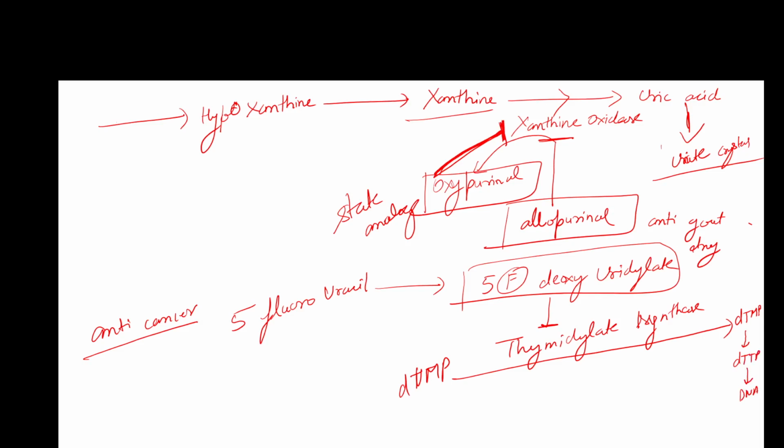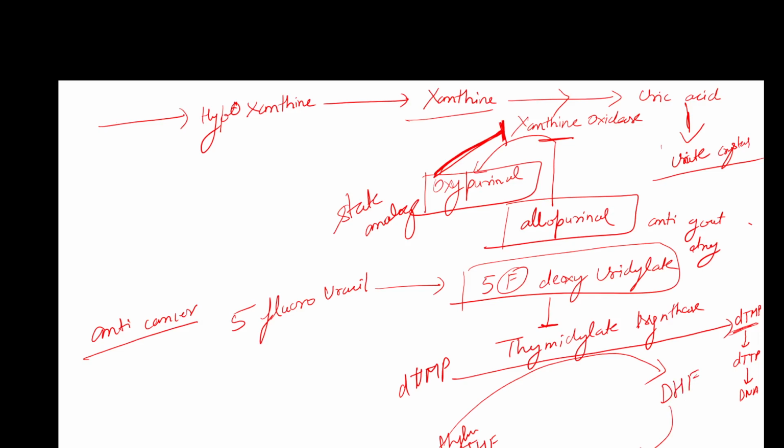So this thymidylate synthase is a folate dependent enzyme which utilizes methylene tetrahydrofolate, forms the methylation and converts dUMP to deoxythymidine monophosphate, and releases dihydrofolate, which gets converted to tetrahydrofolate. And this cycle goes on.